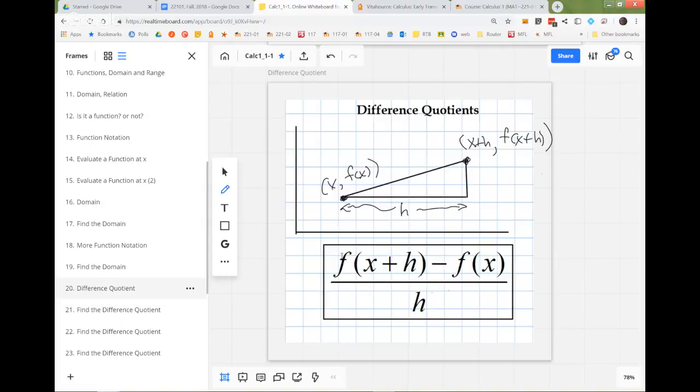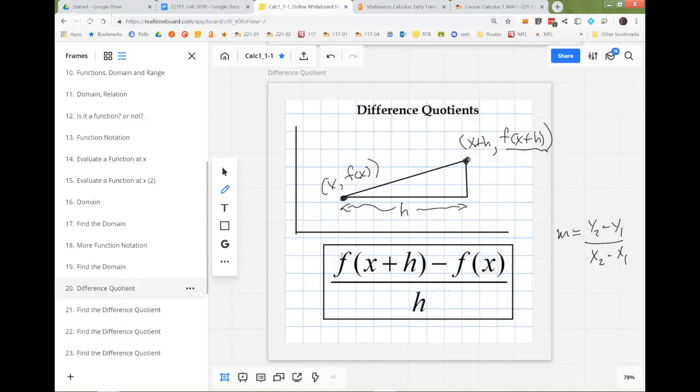Now that we know the coordinates of the 2 points, what's slope? You guys all remember slope, right? I mean, that you all have to have down. Change in y over change in x. So what is the top? What's the difference between the 2 y coordinates?